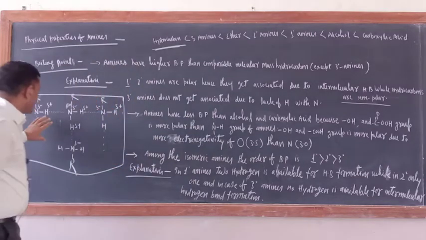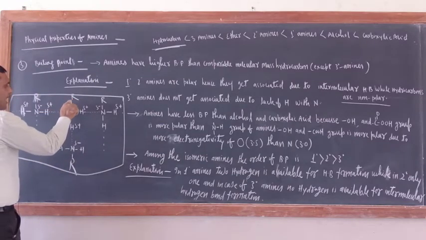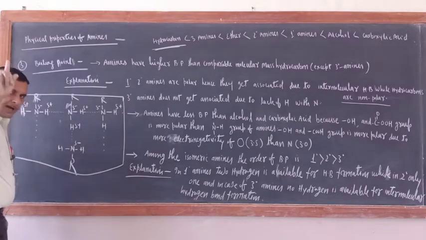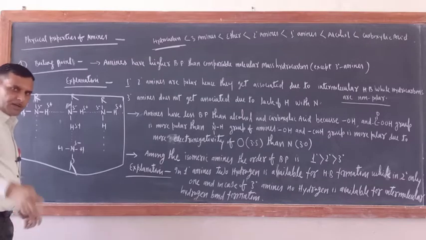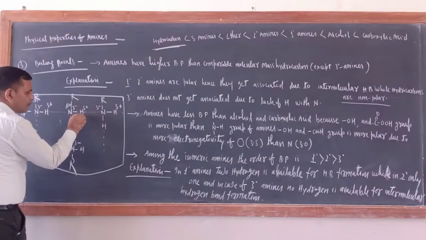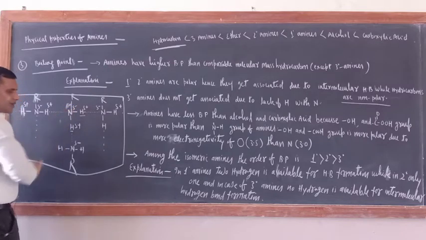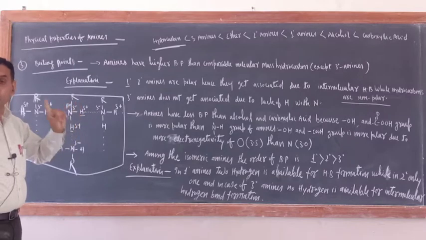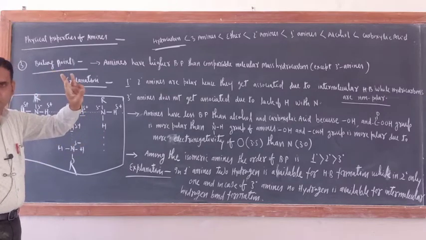This is the intermolecular hydrogen bonding in 1 degree amines. See, RNH2. This one molecule of 1 degree amines will form 3 hydrogen bonds. 2 with the help of hydrogen and 1 with the help of this nitrogen. Are you getting my point? Once again listen. 1 molecule of 1 degree amines will form 3 hydrogen bonds.